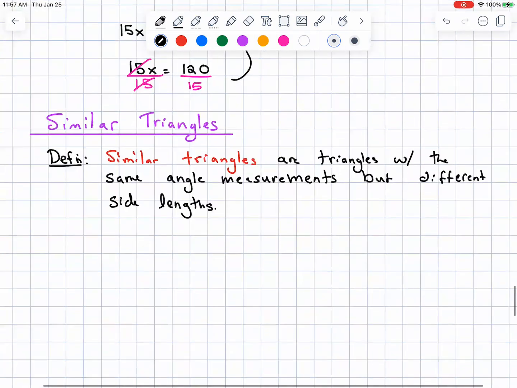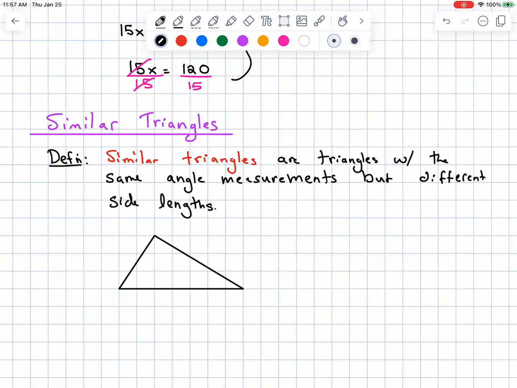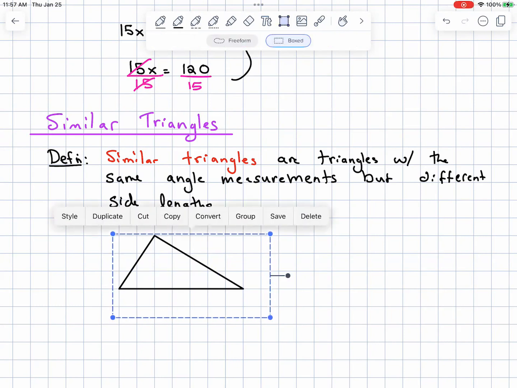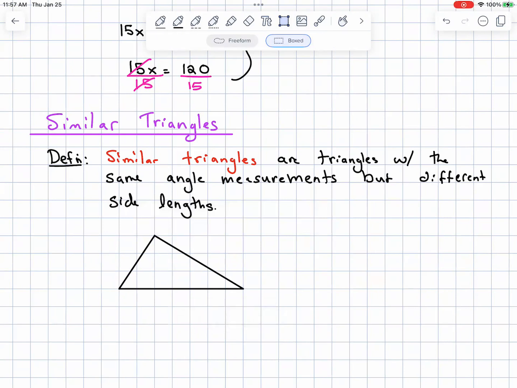So one such example is this. I'm going to draw this one, and I'm going to copy this. You see, you have two different triangles here.